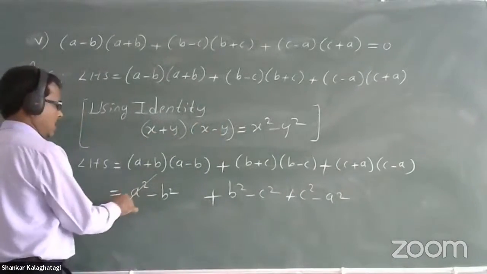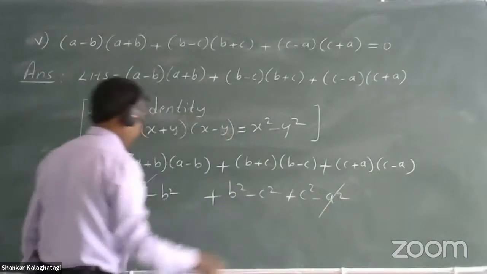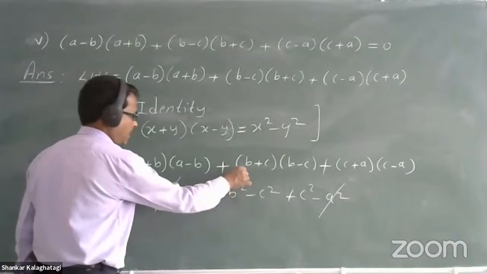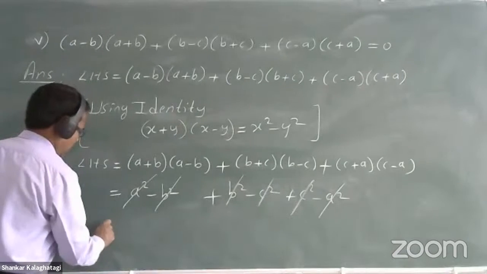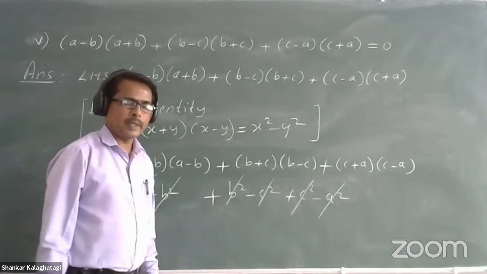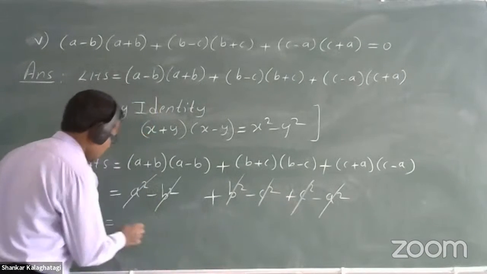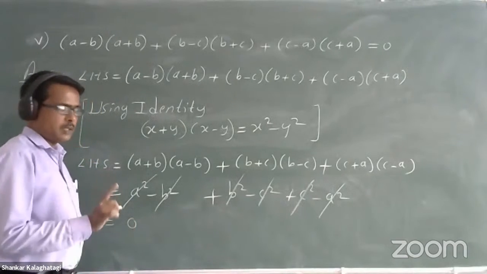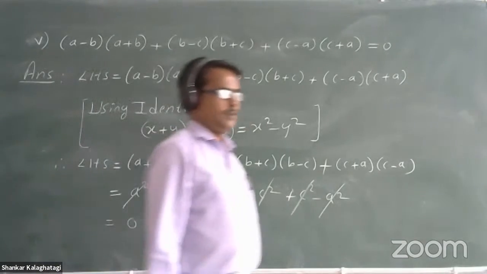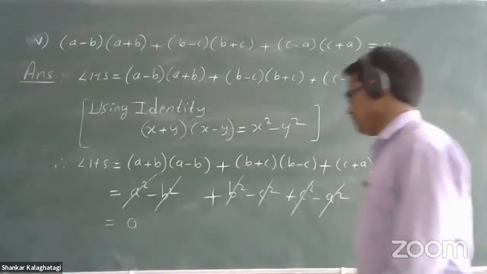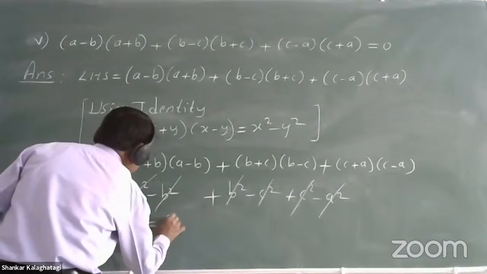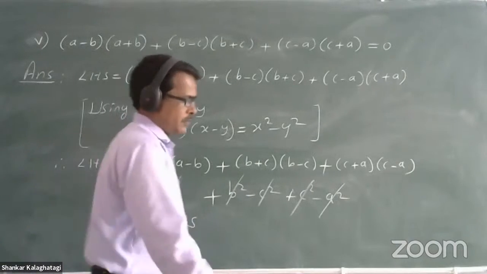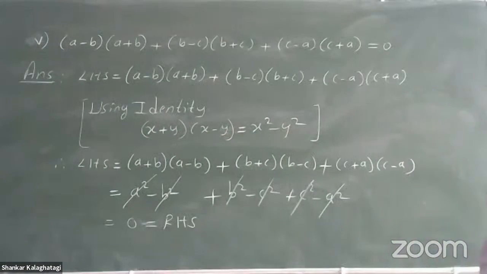So plus A square, minus A square, minus B square plus B square, plus C square minus C square. You are not cancelling numerator and denominator, you are subtracting. Answer is 0. Answer is not 1, it is 0. That is RHS. You understood now? Next problem.